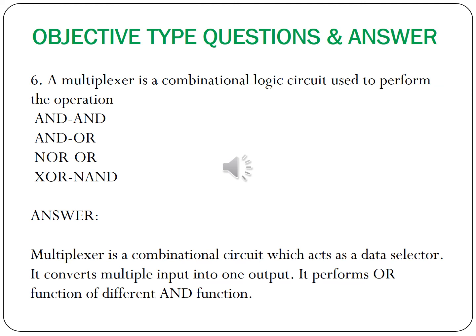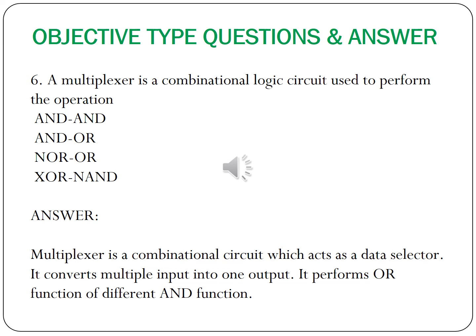Okay, a multiplexer is a combinational logic circuit used to perform the operation. The options are AND operation, AND OR operation, NOR OR operation, or XOR NAND operation. Which operation is performed by the multiplexer circuit? So multiplexer is a combination circuit. It's also a special type of combination circuit which acts as a data selector.